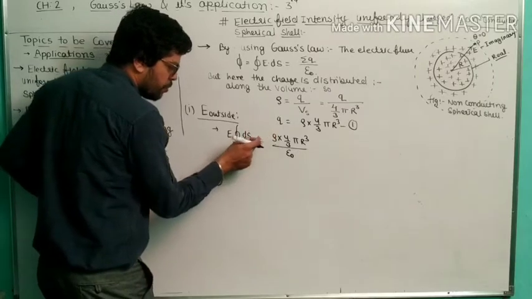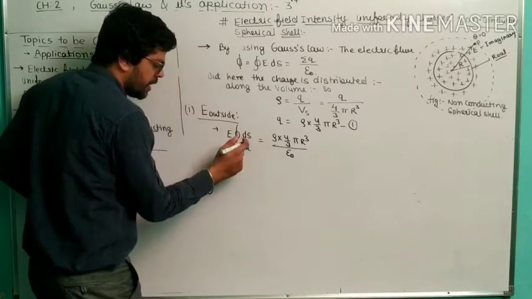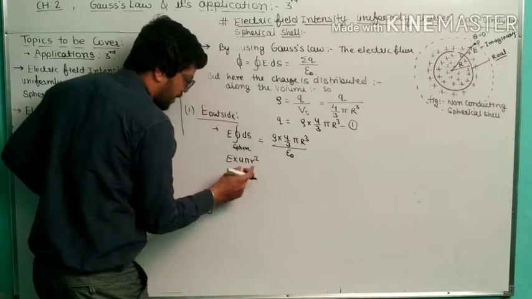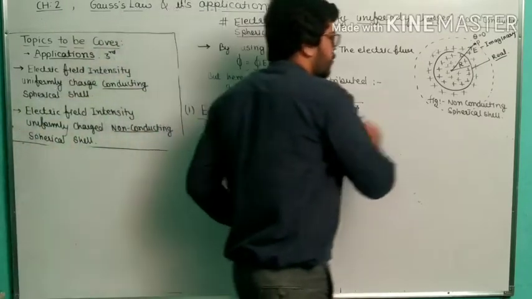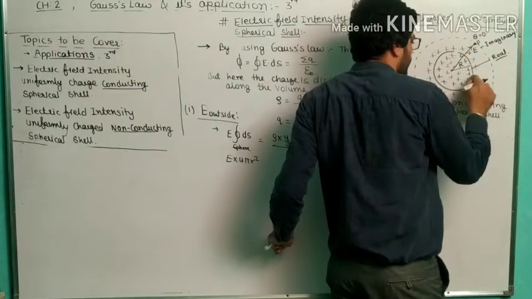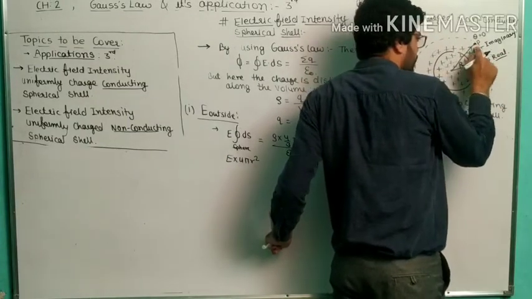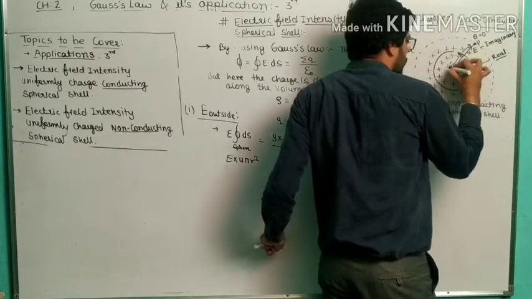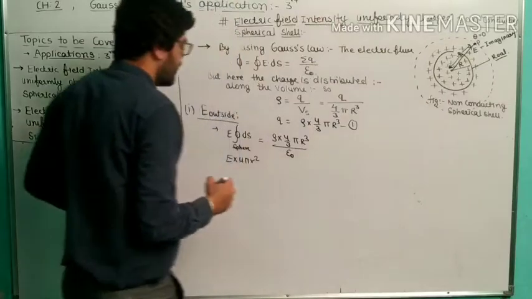So we are not going to use 4 pi capital R square. We are using here E into 4 pi small r square. Why small r square? Because we have to find out electric field at the imaginary sphere. We don't want to find out electric field at the original sphere. That's why we take small r, the radius of the imaginary sphere.